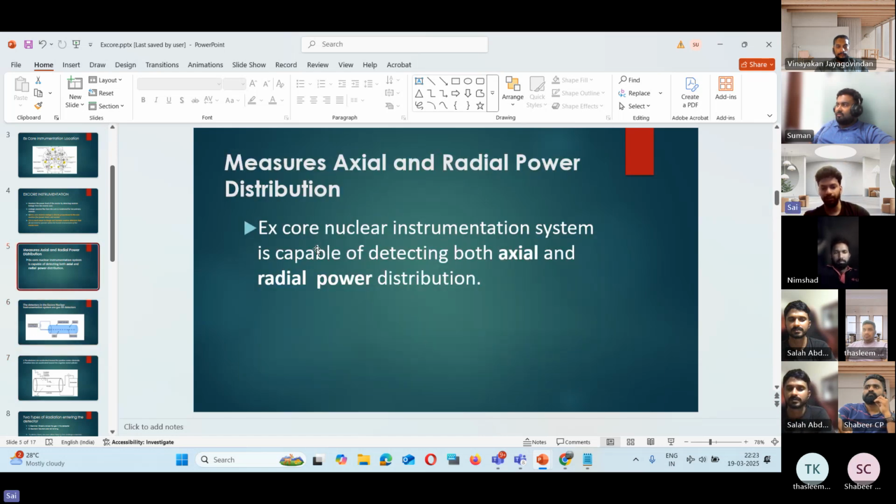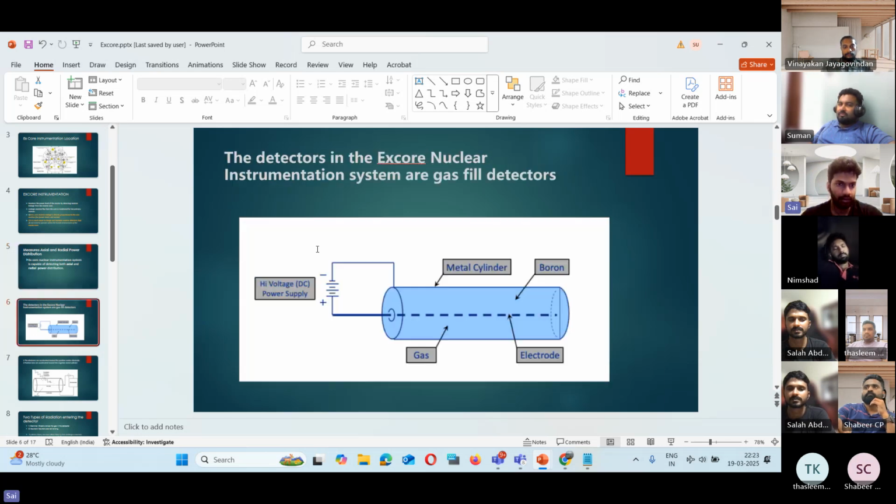There are two types of radiation going inside the detectors: neutrons and gamma radiation. They will directly ionize the gas inside the detector, producing electrons and positively charged ions.